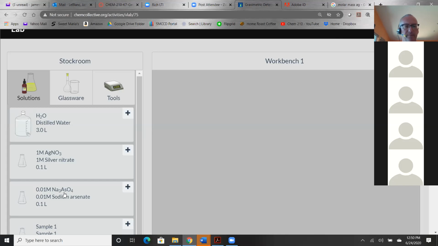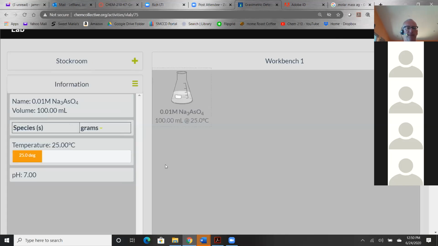0.01 molar sodium arsenate means that in 1 liter of this solution, there is 0.01 moles of sodium arsenate. Okay?